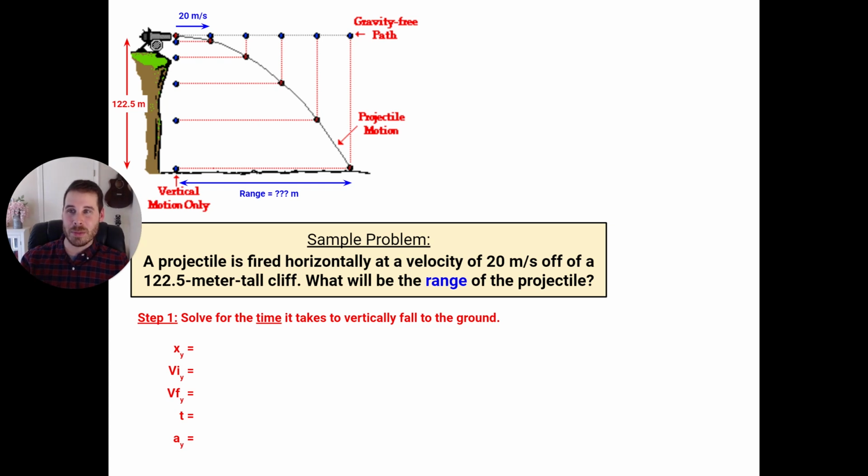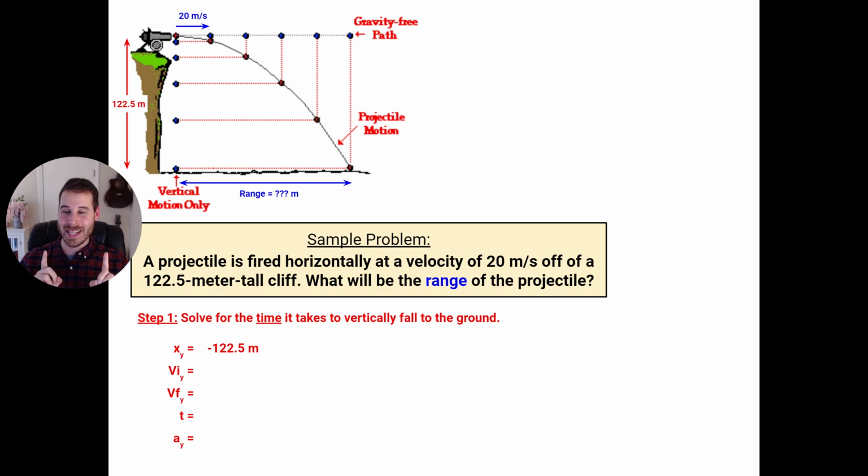So what do I know about the displacement of a cannonball? Well, as long as I'm only talking vertically, I know how far it's going to fall. It's going to fall downward a distance of 122.5 meters, so my displacement is negative that number. What about the initial velocity? Well, is that 20 meters per second? Because up there you can see there's a velocity at the beginning of 20.